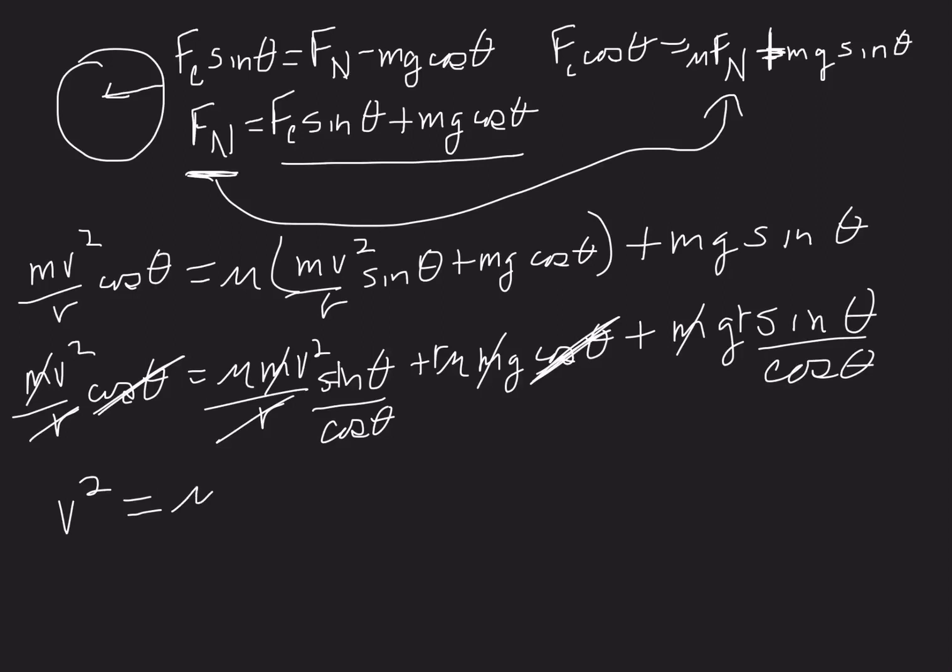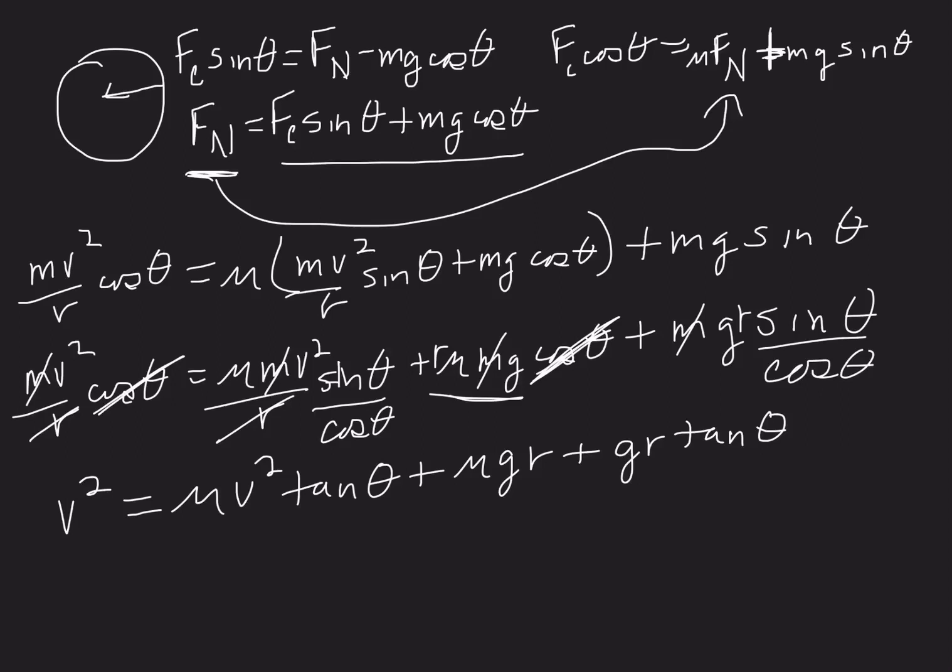I have mu, I have a v squared, sine over cosine is tangent. Okay? Plus, I have a mu, a g, and an r right there. And then plus, I have a g, r, and sine over cosine is tangent. Okay? So that simplified it a little bit.